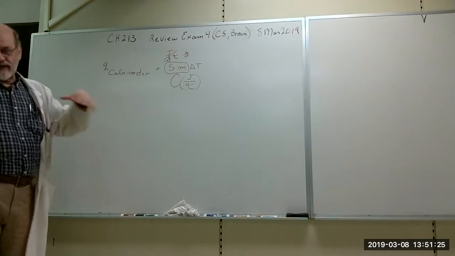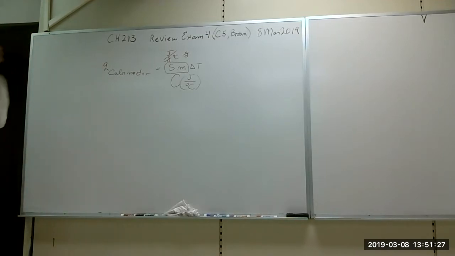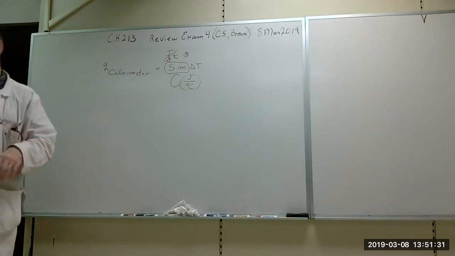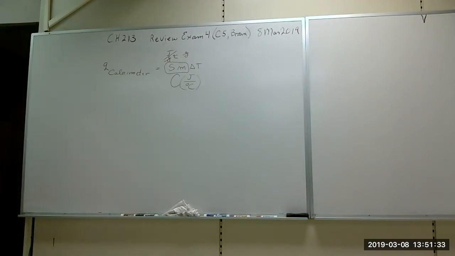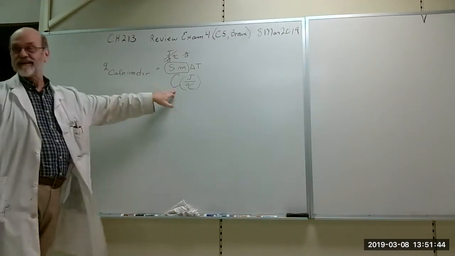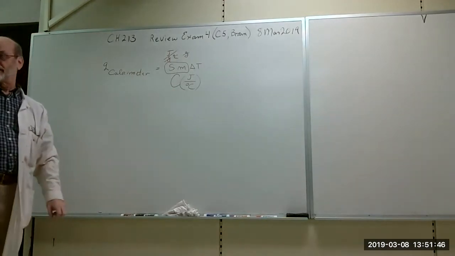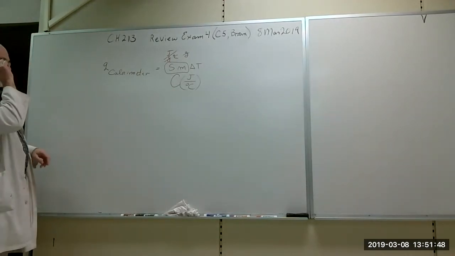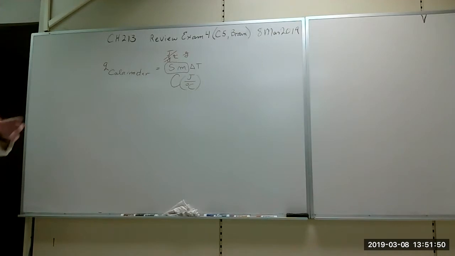Okay, so now how do we deal with that in the lab setting? By the way, this is one caveat. Once you construct your calorimeter with all those components, don't change any of them, because if you change one, you change that. If you break your thermometer, you have to start all over again.